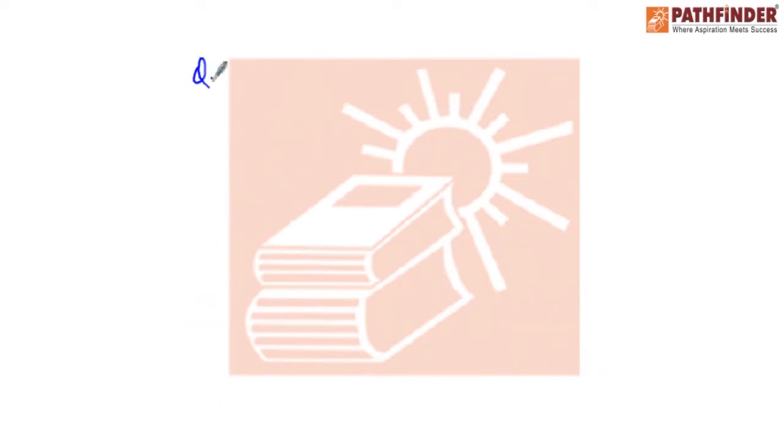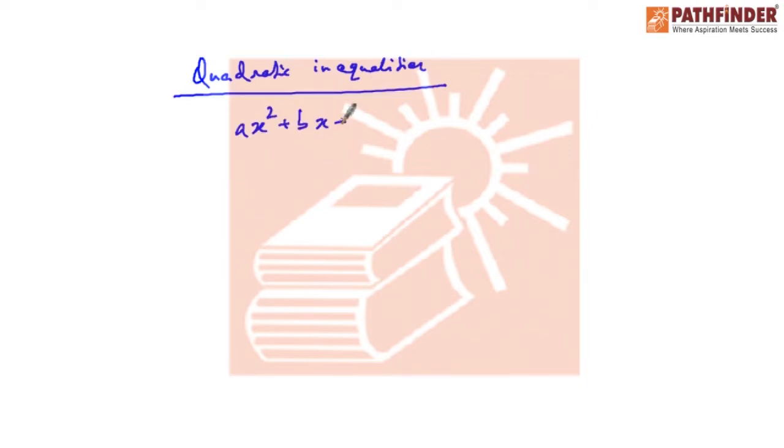Next, we talk about quadratic inequalities. Now, obviously, ax squared plus bx plus c, considering a is not equal to 0. If this expression is given to be positive, then in order to find a solution of this inequality, we have to consider the value of the discriminant.